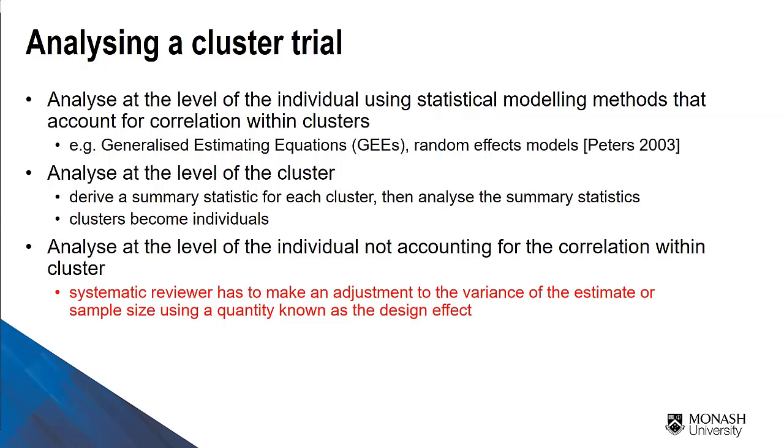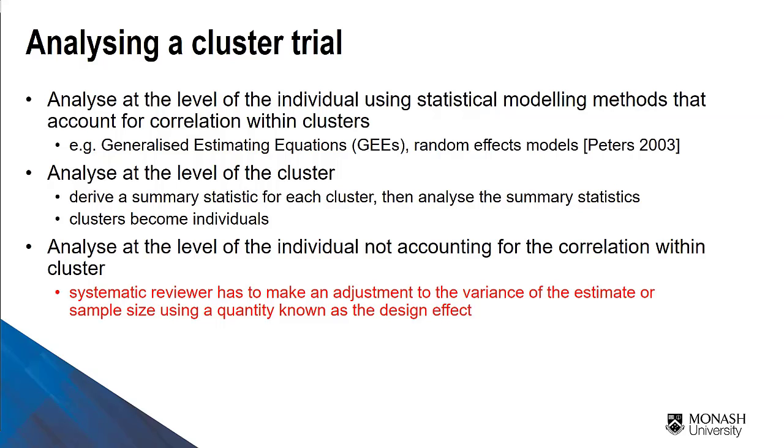There you would determine some summary statistic, for example a mean or a rate, for each of the clusters, and then analyze those summary statistics. Sometimes you might weight those summary statistics by the number of participants in the cluster. Essentially, if you use that approach, the clusters become individual observations, and we are then accounting for the issue of the correlation.